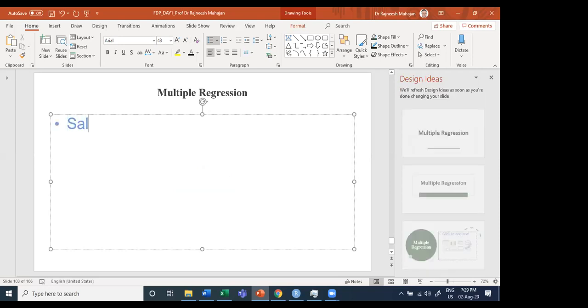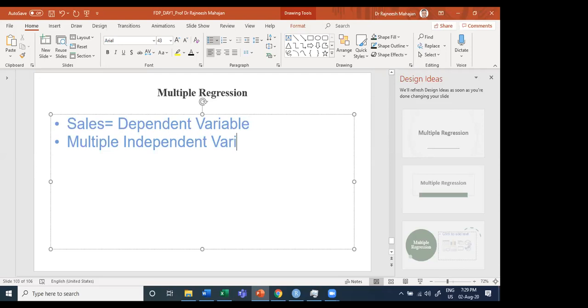So sales, we assume, is a dependent variable, and this dependent variable is dependent upon multiple independent variables.